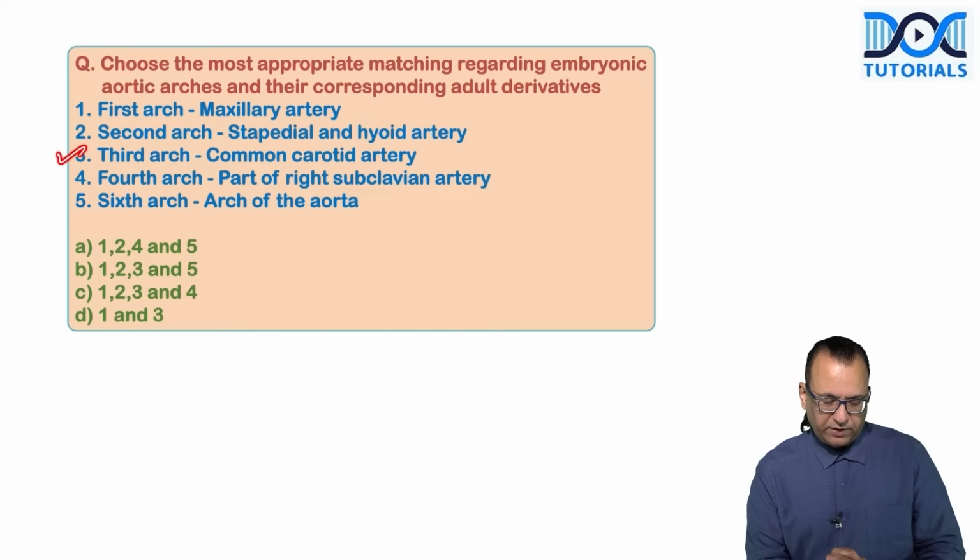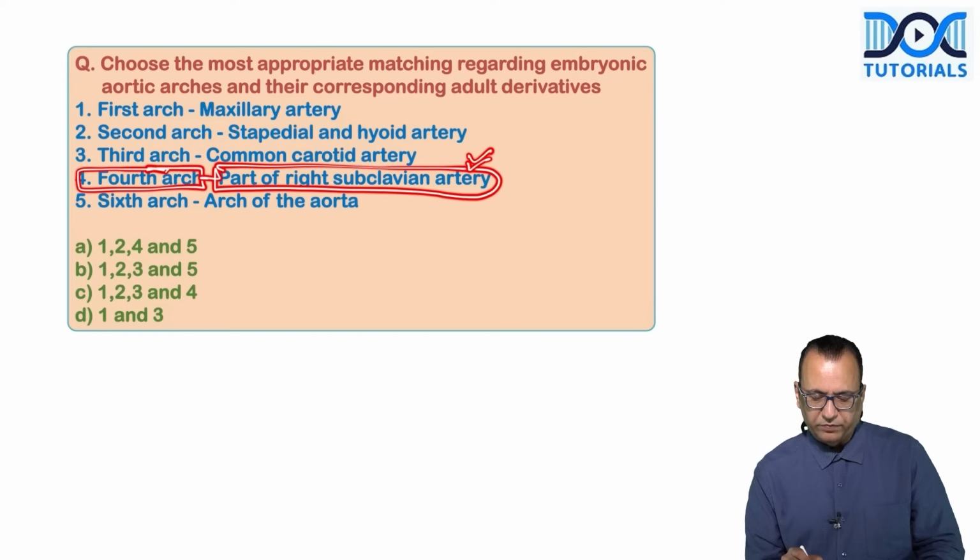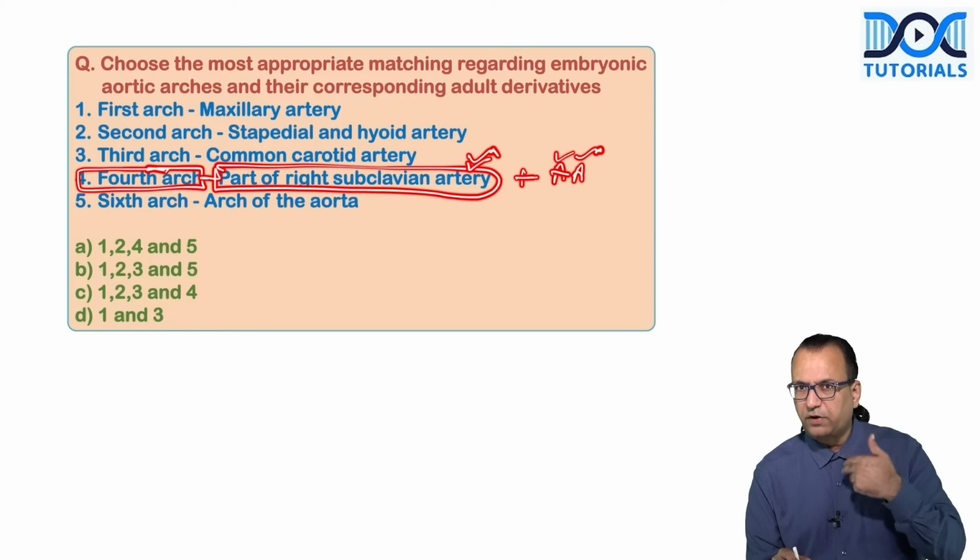It is only arches 3, 4 and 6 which give significant contributions. The third arch gives the common carotid artery plus the initial part of the internal carotid artery, on both right and left sides. The fourth arch is different on the right and left sides. On the right side, it gives a part of the right subclavian artery, but on the left side, it gives the part of the arch of aorta between two branches, that is the left common carotid and left subclavian.